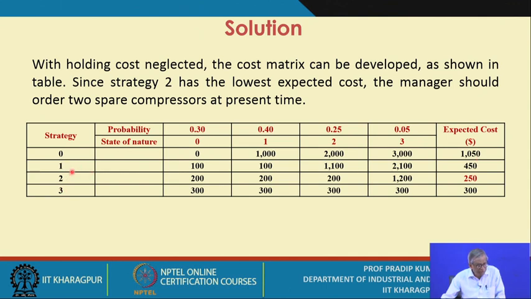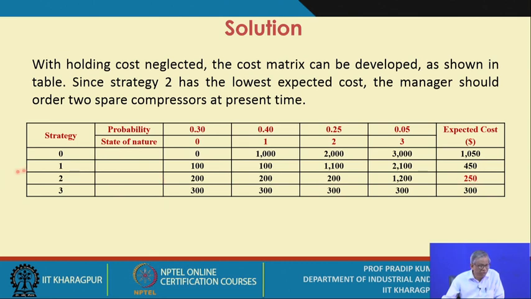Similarly, for the other 3 strategies, following the same rule, you calculate the expected cost. Against ordering strategy 1, the expected cost is 450, against ordering strategy 2, the expected cost is 250, and against ordering strategy 3, the expected cost is 300. So, these are the 4 expected cost values, and out of these 4, which one is the minimum? Minimum is obviously 250.